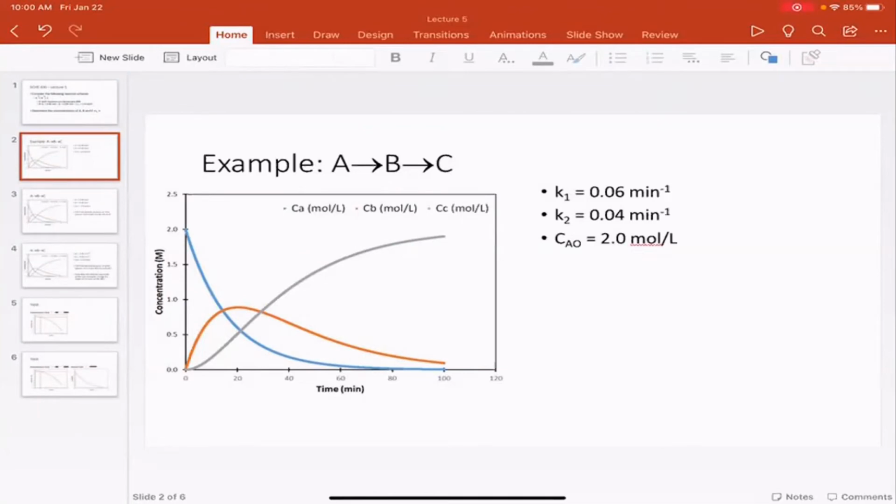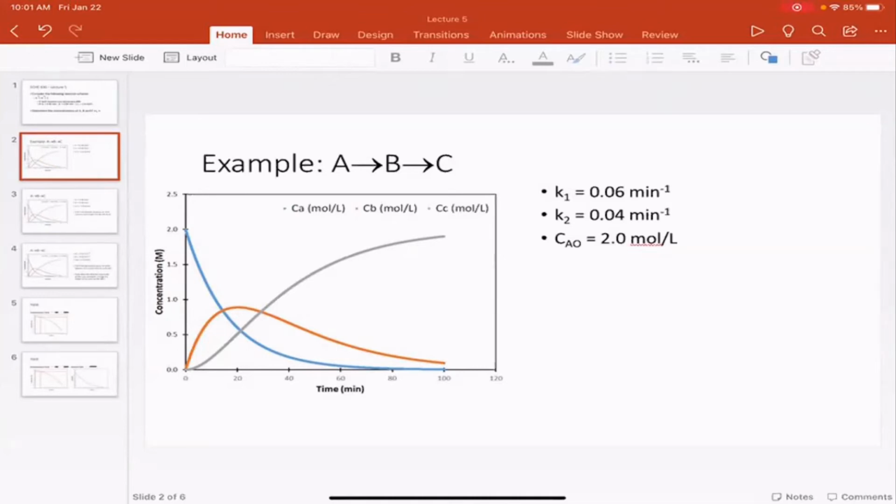So in a plot like this, we often want to do this because B is a wanted product and B to C is some unwanted side reaction that happens in our process.